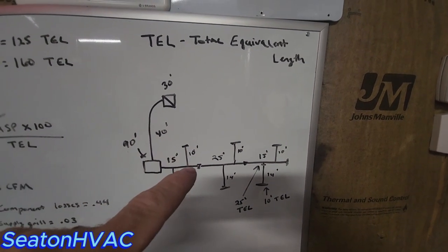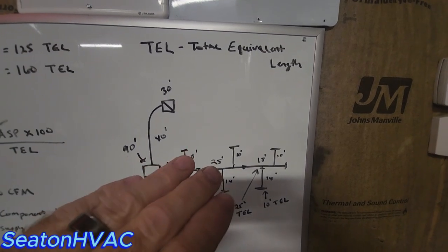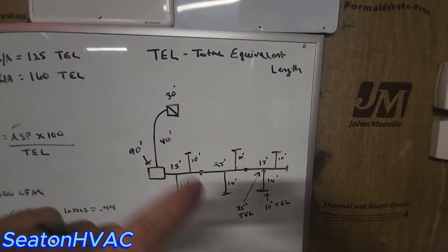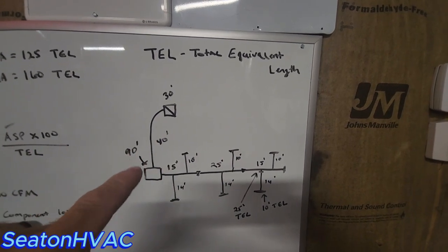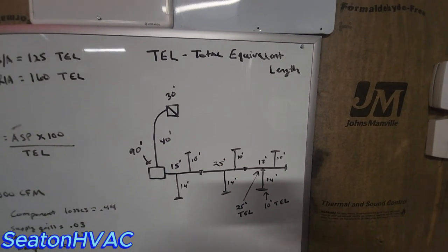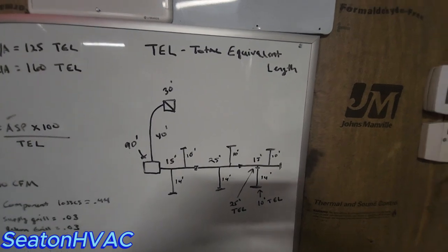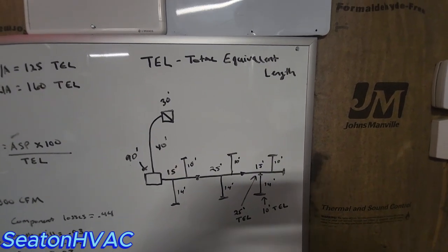Once you know how many CFMs you need, you're able to go into the manufacturer's blower performance data and find out what external static pressure will produce the CFM that you need. Does that make sense? Makes sense to me. If it doesn't, let me know.